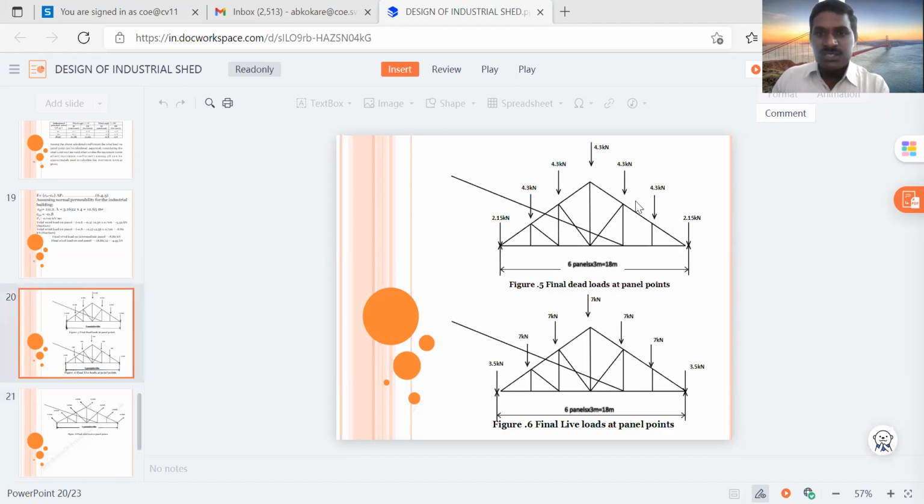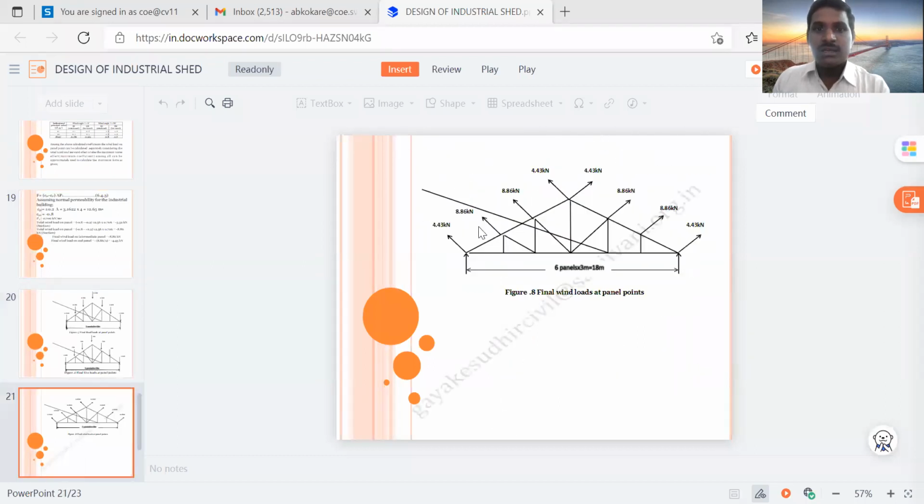If you see the pictures, dead load and live load are gravity loads, acting vertically downward, so the arrows point downward. But here, the 8.86 wind load on the intermediate panel and 4.43 on the end panel are shown with upward arrows.